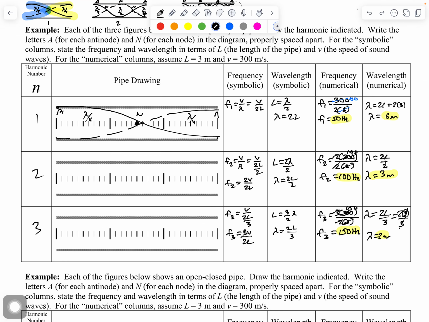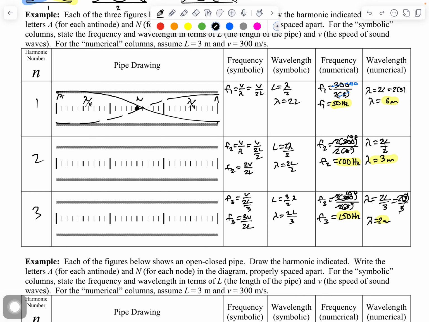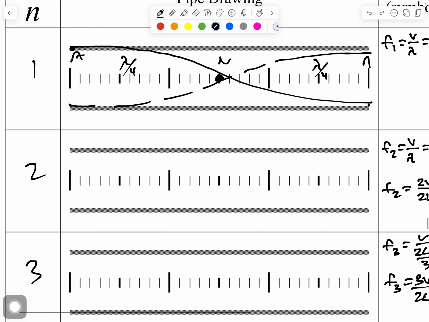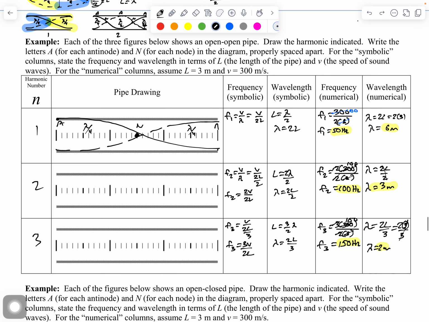Okay, what am I looking for in this case? The wavelength is 3 meters long this time, not 6. So let me see, the 3 meters would be 1, 2, 3, full cycle. Okay, so half a cycle would be 1.5.